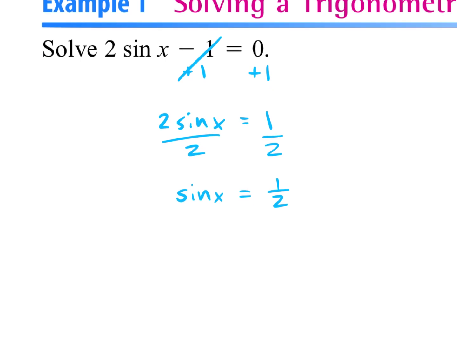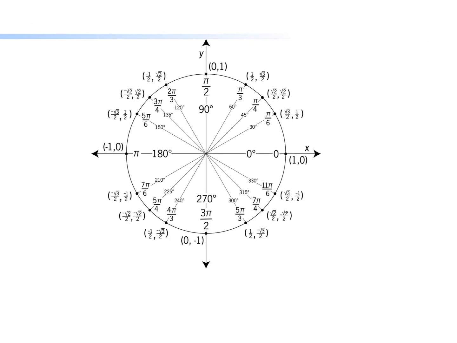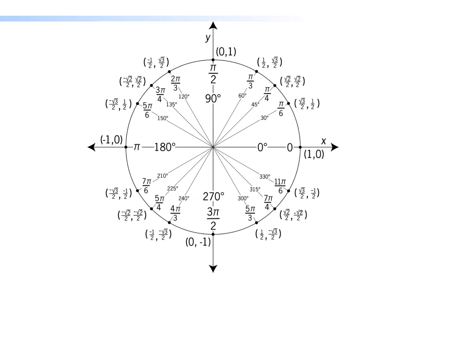Now in terms of x and y, sine tells us to look at which one? The y. So we're looking at y values with our sine. So we need to see where on our unit circle our y value is 1/2. So we're going to go to our unit circle and see where our y is 1/2.